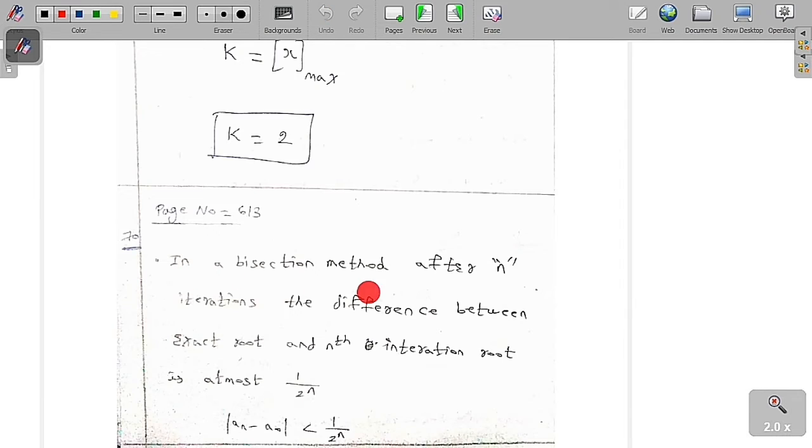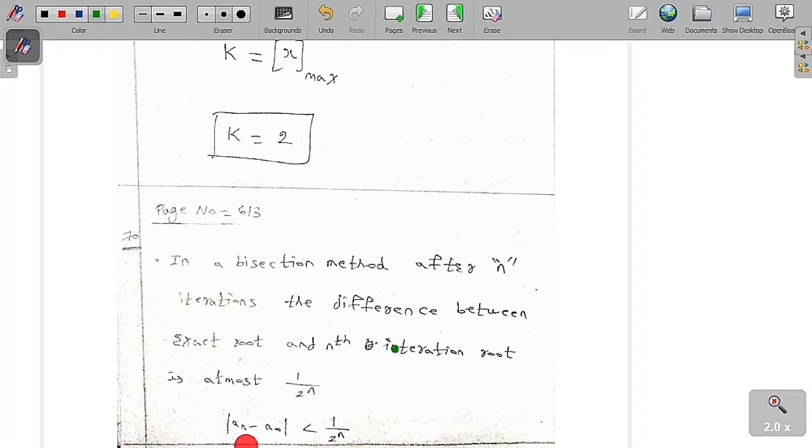See, in a bisection method, after n iterations, the difference between the exact root and the nth iteration root is at most 1 by 2 to the power of n.